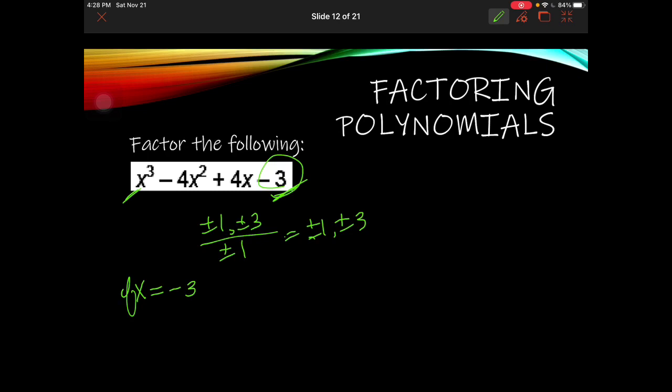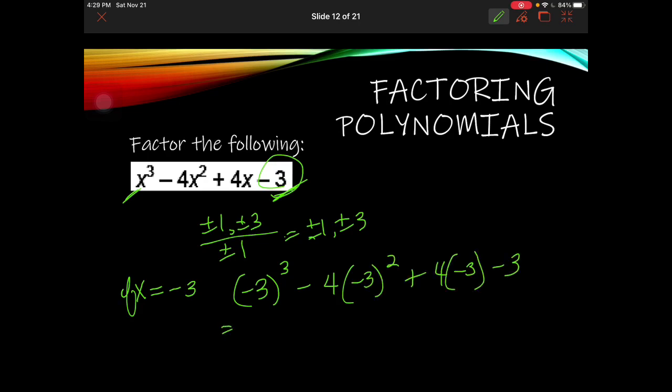So, let's check. Magiging negative 3 cubed minus 4, negative 3 squared, plus 4 times negative 3, minus 3. Ano kayang makukuha natin? Negative 27 minus, this will be 9. 9 times 4 is 36, plus negative 12, minus 3.